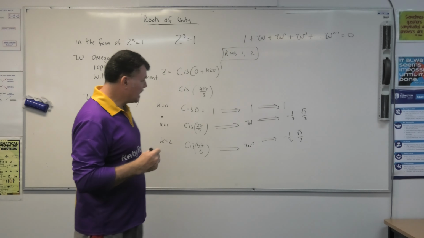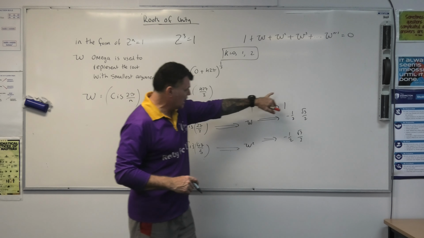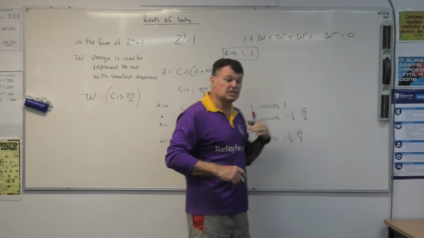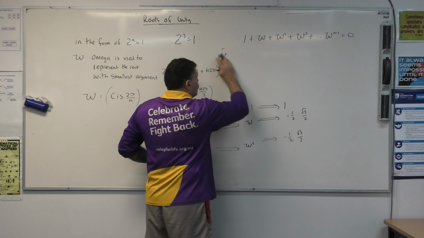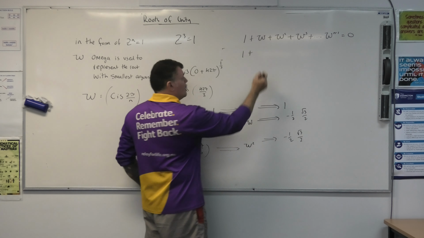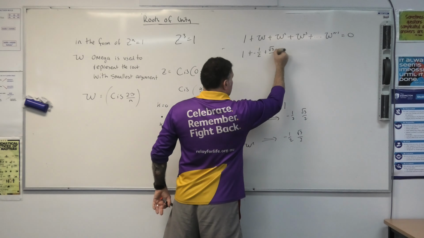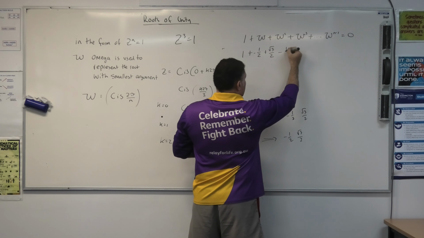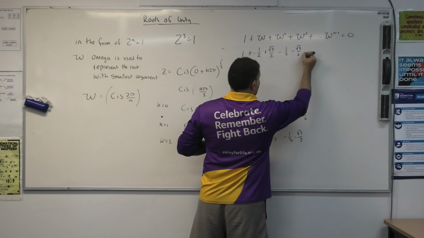So when we're doing our calculations, all these roots here, all these Cartesian points, when I add them together, I should get 0, which tells me I've found all my roots. Let's put all the information that we have. We have 1 plus the variables for omega, negative half plus root 3 on 2. The variables for omega squared, negative half, and that was minus as well, minus root 3 on 2.